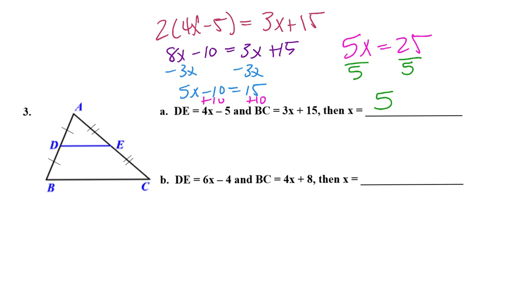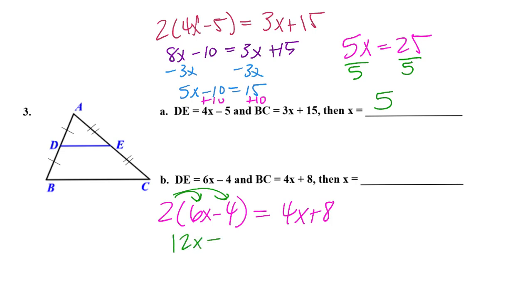And on part B, same idea, same picture. So yet again, our midsegment is going to be DE. So we're going to do 2 times (6x minus 4) equals 4x plus 8. We're going to distribute the 2. 12x minus 8 equals 4x plus 8. I'm going to minus the 4x on both sides.